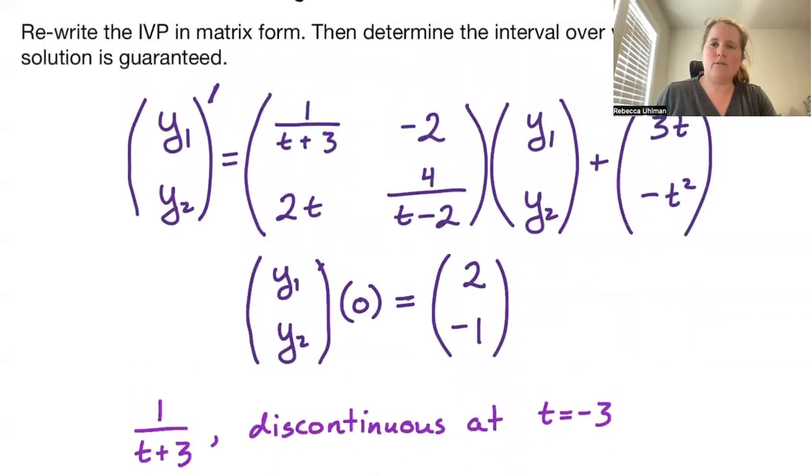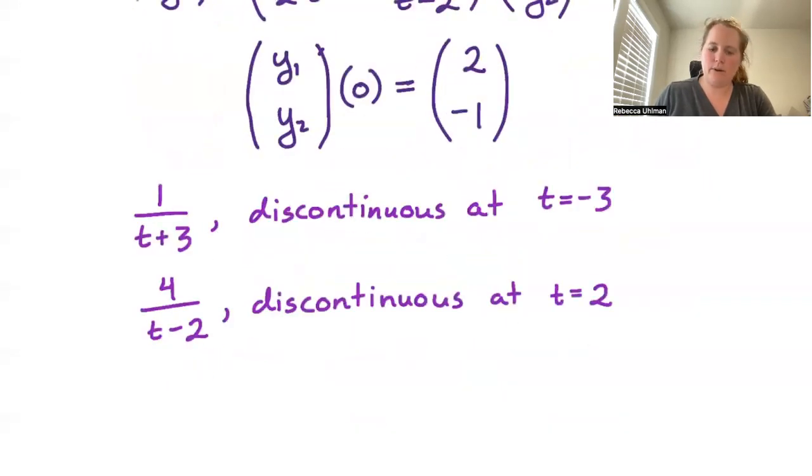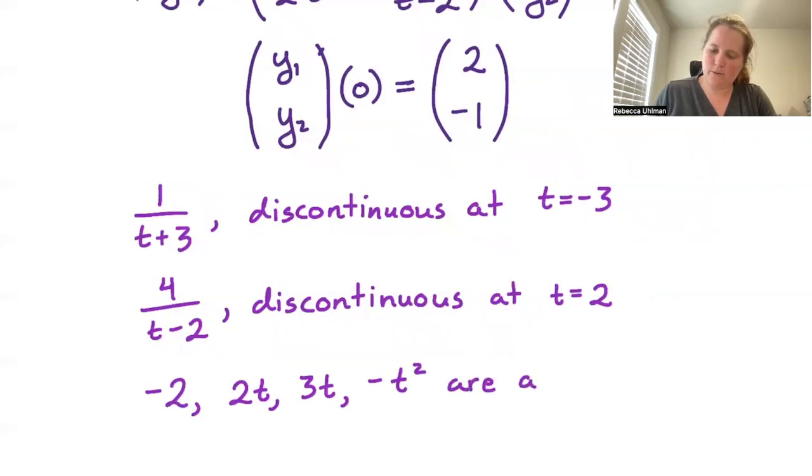And then all of our other functions, negative 2, 2t, 3t, and negative t squared, are all continuous everywhere.